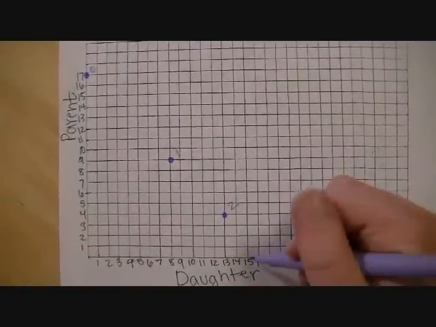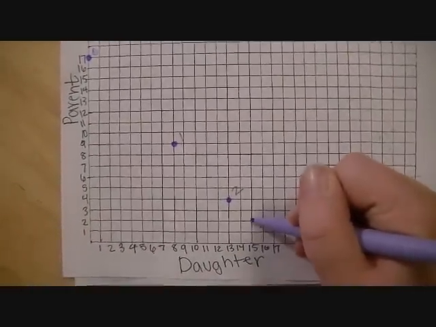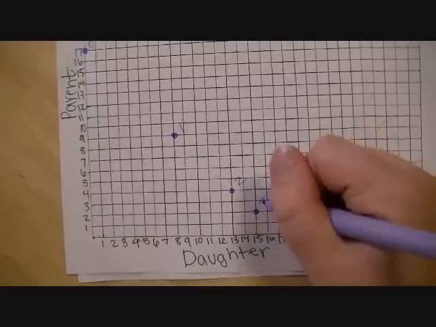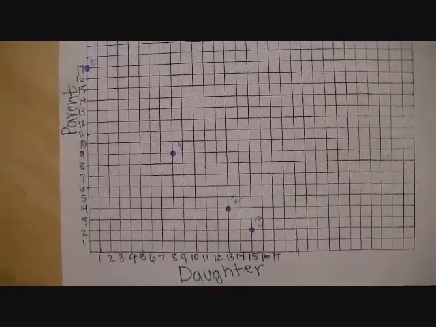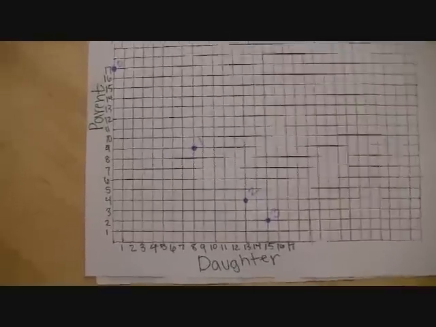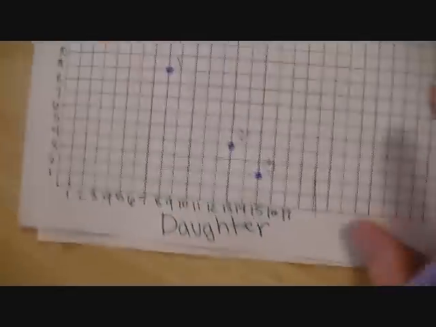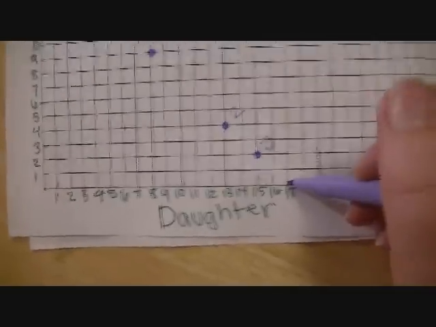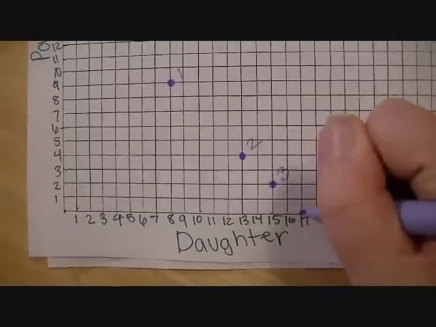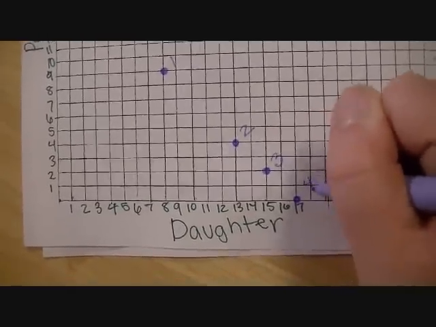So I'm going to go over to 15 and up to 2, and label that 3. Our fourth trial, which is also our last trial, is 17 and 0. So I'm going to put my final point at 17 and 0, which is right here, and label that 4.